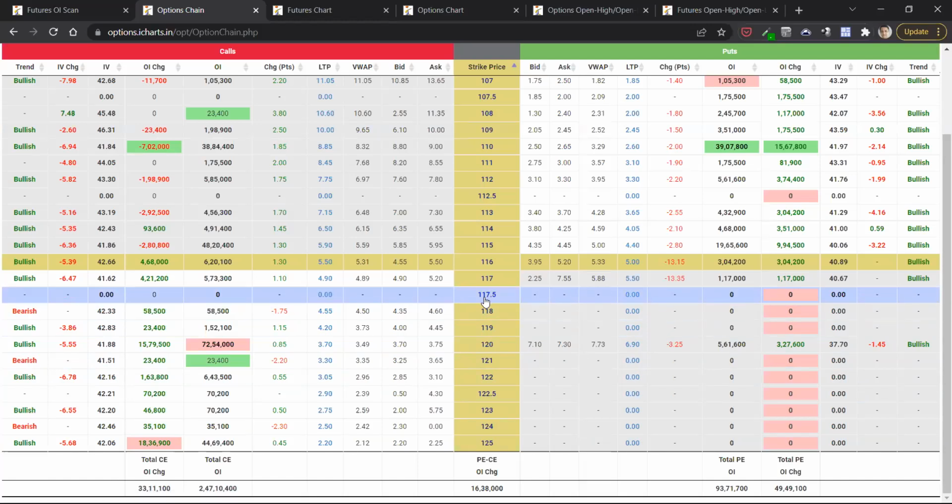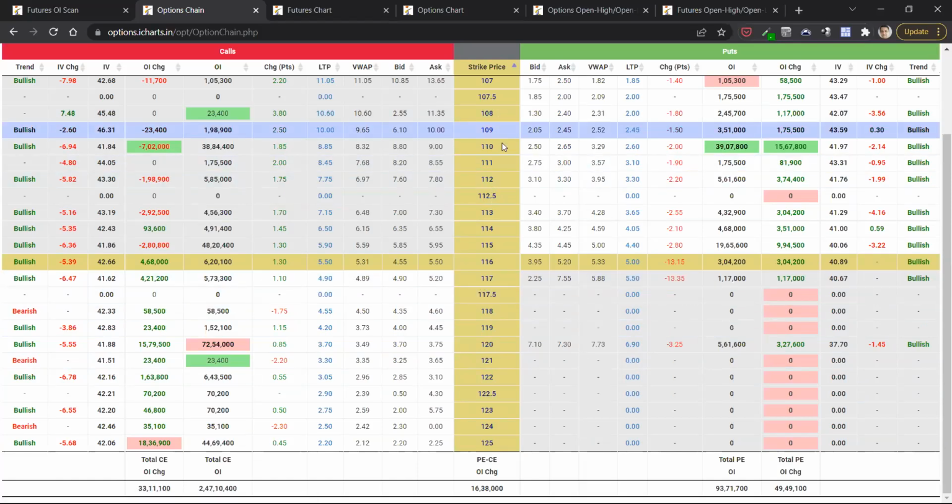This happened on the last trading day with some other scripts also. Since I sit on the terminal, I saw 2 or 3 scripts by 3:30 that were 0 at a certain strike, meaning there is no trading at the strike. It happens because these strikes get created suddenly in between.